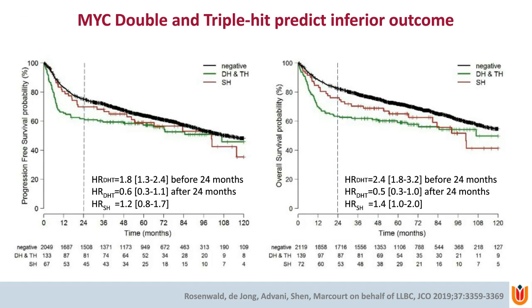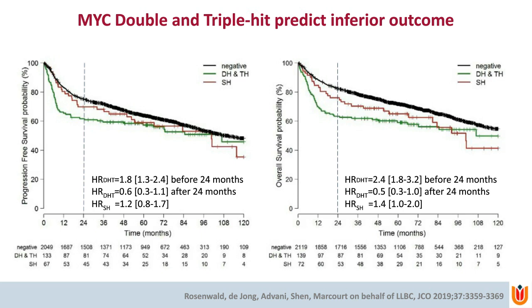The results, we think, are very important, as these show that actually MYC rearranged diffuse large B-cell lymphoma has a similar survival as DLBCL without a MYC translocation, the red curve in this graph. And only the double hit and triple hit cases actually show the poor survival that is reported.